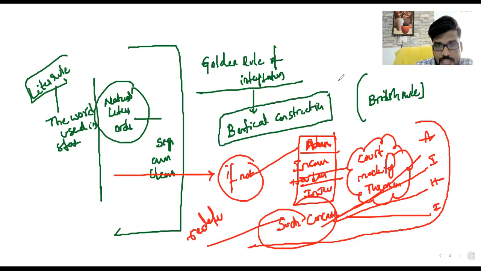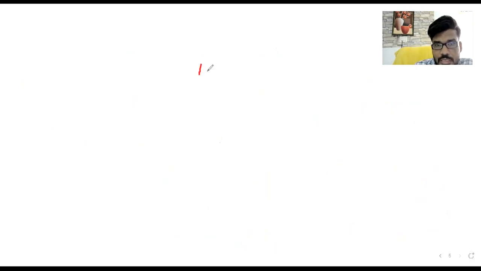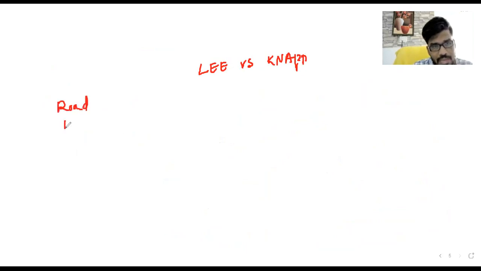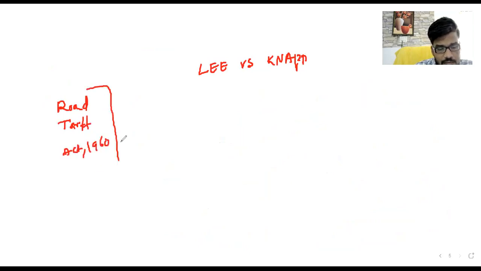The best example for that is one of the case laws, sir. What is that? Lee versus Knapp. Simple, sir. The Road Traffic Act 1960. What does the Road Traffic Act 1960 clearly say?